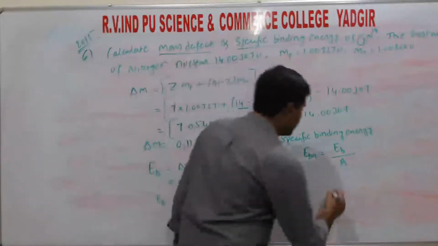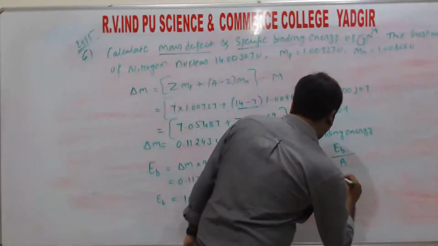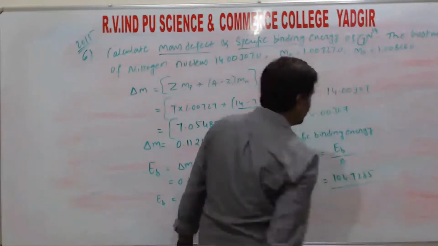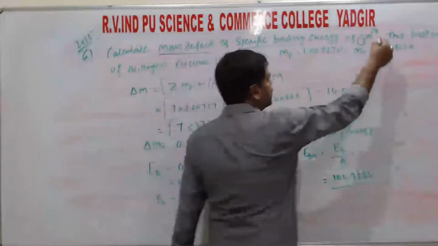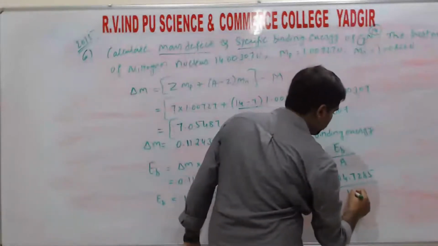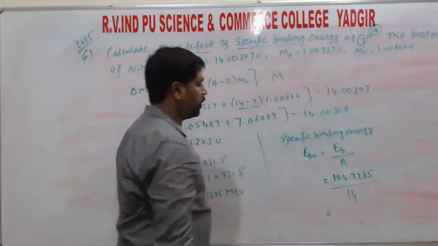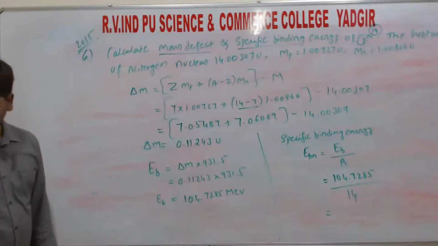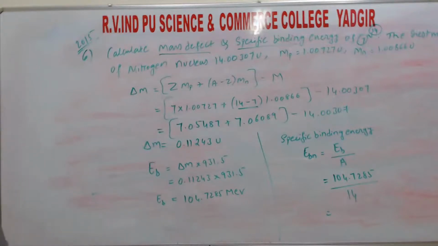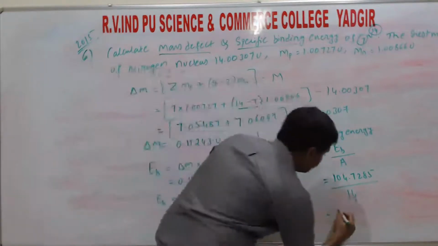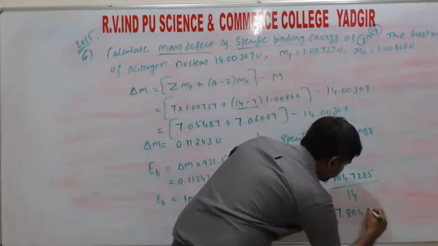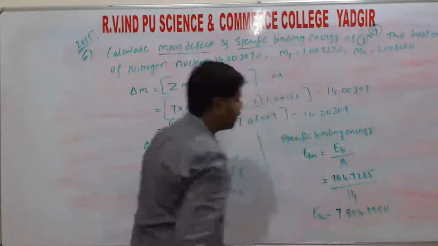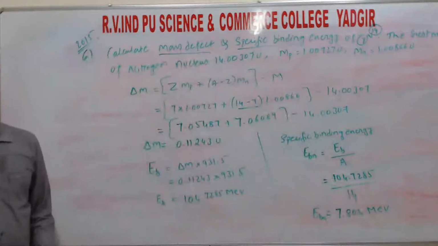Here we get 104.7285 divided by the mass number, which is 14, right? We get the value 7.804 mega electron volt. This gives the specific binding energy.